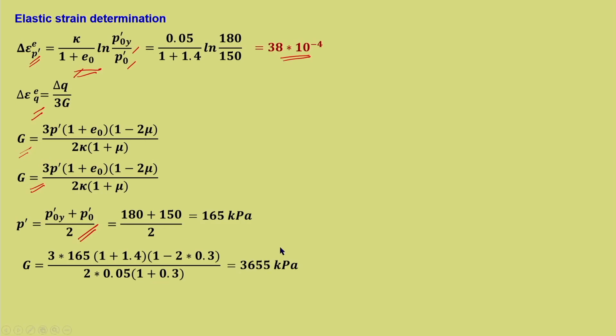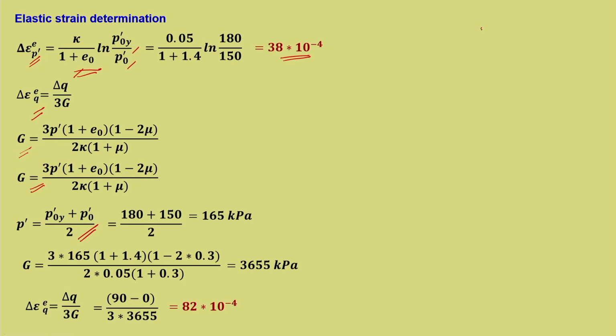That will give 3655 kilopascal. So, then we can find out what is the deviatoric elastic strain till the first yield point, that is delta q upon 3 G. Delta q is 90 minus 0 by 3 into 3655. So, that will give 82 into 10 raised to minus 4. So, both the elastic strain, deviatoric and volumetric, till the first yield we have determined.